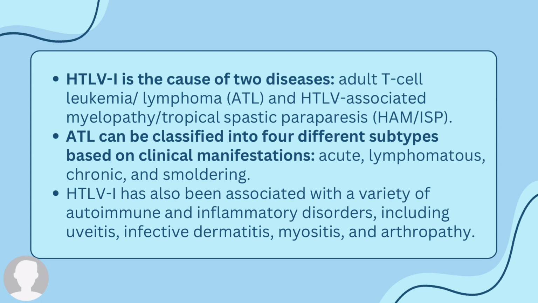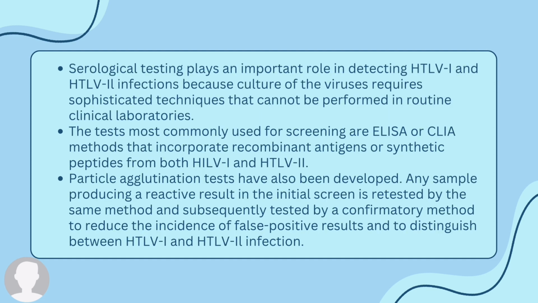HTLV-1 has also been associated with a variety of autoimmune and inflammatory disorders including uveitis, infective dermatitis, myositis, and arthropathy. Serological testing plays an important role in detecting HTLV-1 and HTLV-2 infections because culture of the viruses requires sophisticated techniques that cannot be performed in routine clinical laboratories.